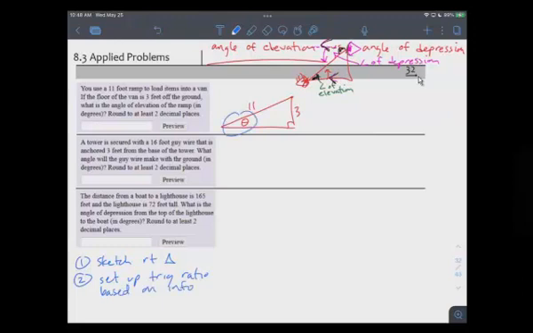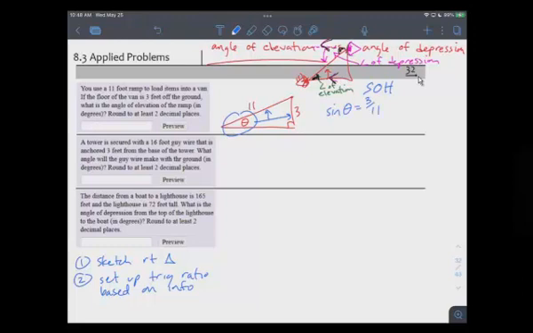So with respect to this angle, I have an opposite and I have a hypotenuse. So opposite and hypotenuse relates which trig ratio? Sine, right? So I can set this up as sine theta is equal to opposite over hypotenuse.